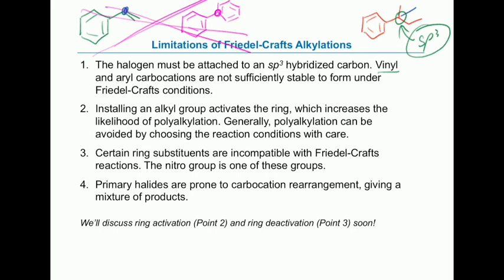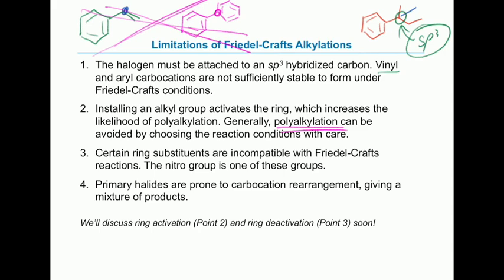The other thing too is polyalkylation. What did we say an alkyl group was? Is it an electron donating group or electron withdrawing group? Just simple things like methyl, ethyl. They're donating. Remember, a ketone is less electrophilic than an aldehyde because two alkyl groups are donating into the carbonyl center.